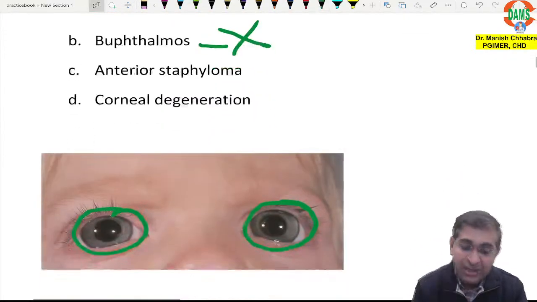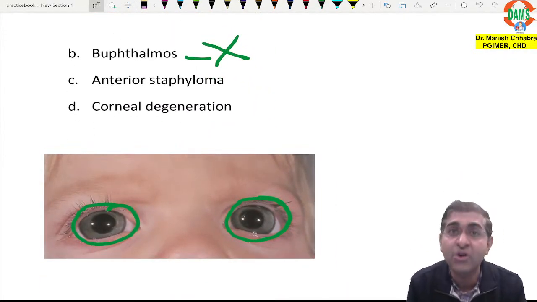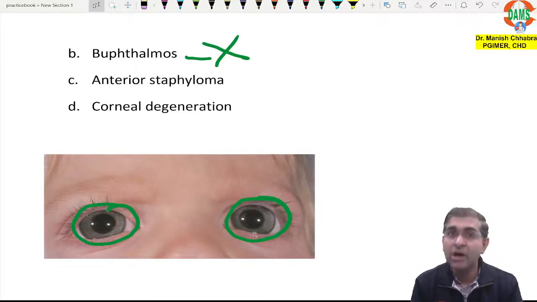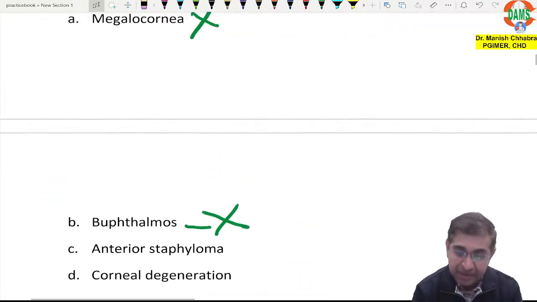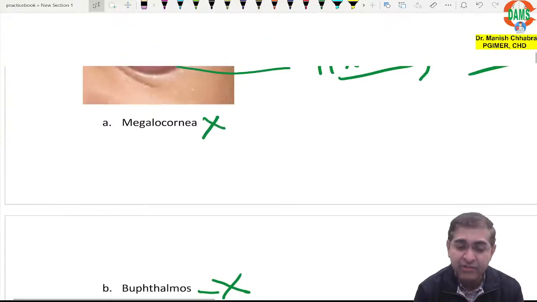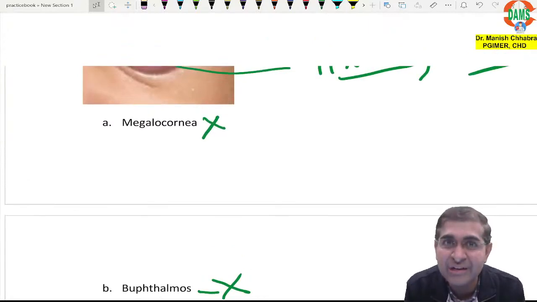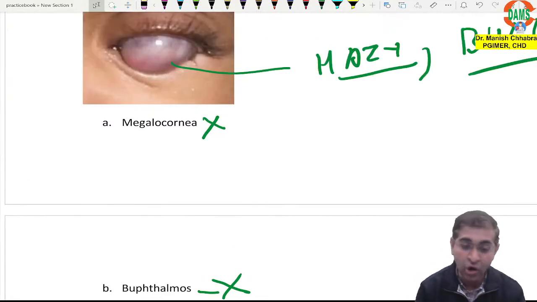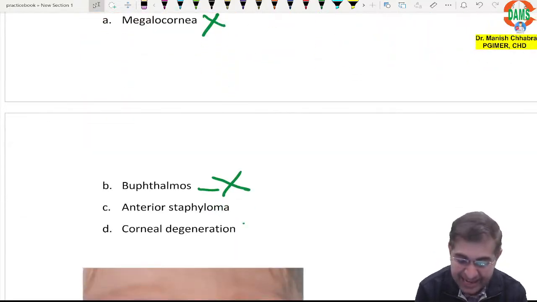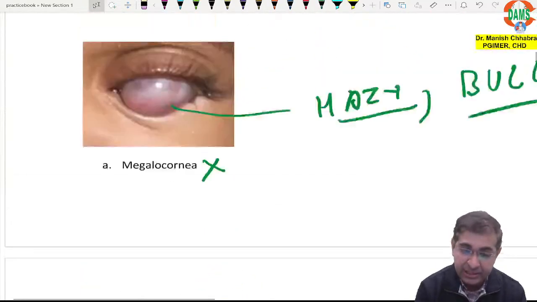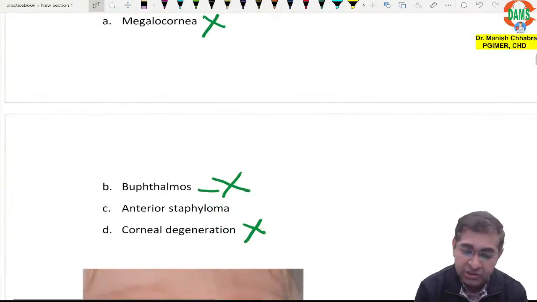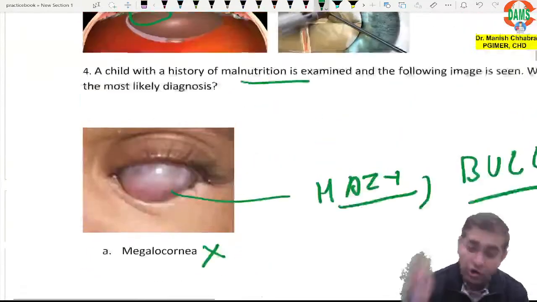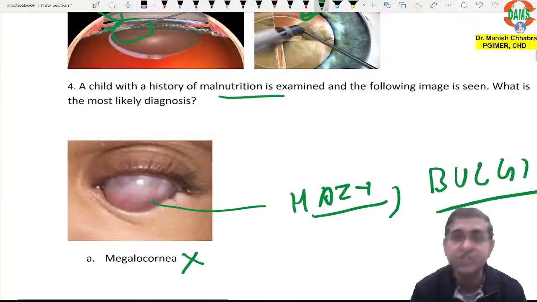Now corneal degeneration, if there is any corneal degeneration, you are going to appreciate some opacity, some haziness over the cornea. But again, why would there be bulging of the cornea? No, my dear friend, it will not bulge like this. So the answer is anterior staphyloma, which also takes care of the history given.